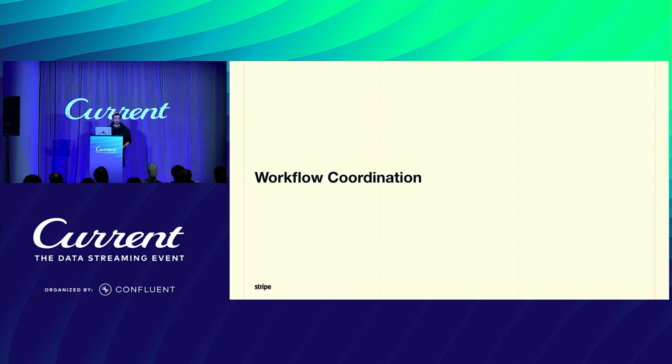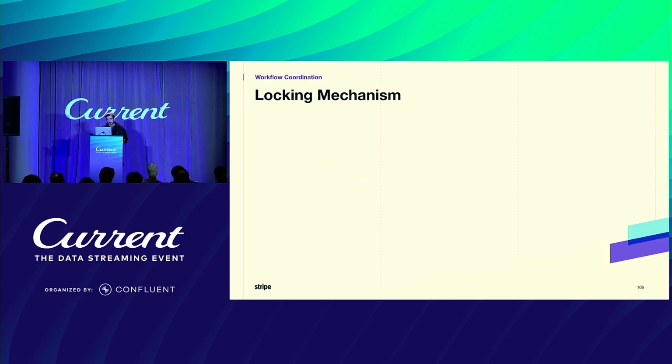We thought about using a queue. We thought about building our own locking system. At one point, we were talking about using a distributed locking mechanism, which was probably way too overkill. But we settled on using a locking mechanism that again uses mutual exclusion through workflow IDs.